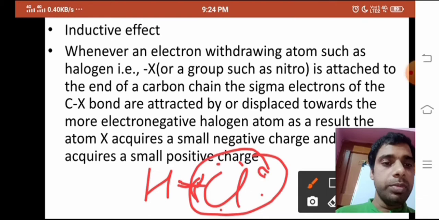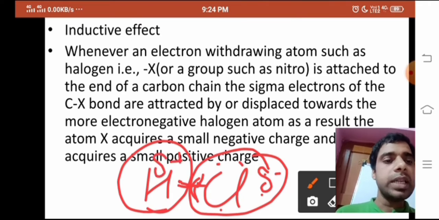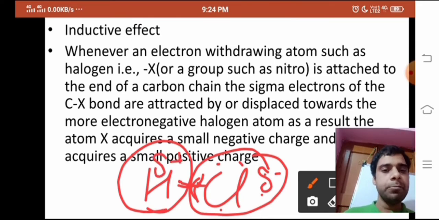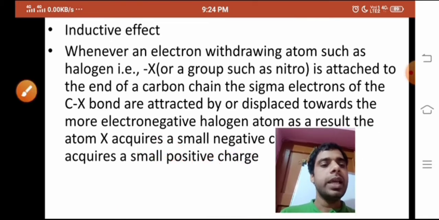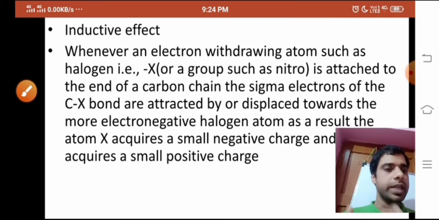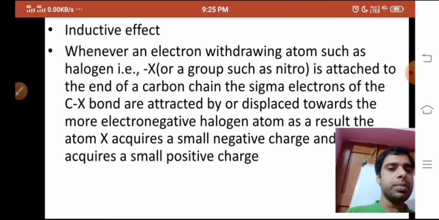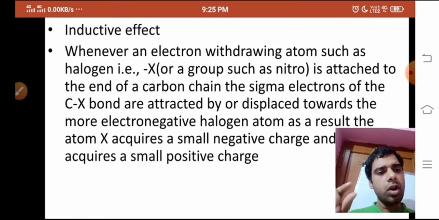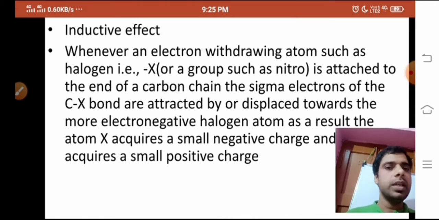So chlorine will become electronegative, but hydrogen will become electropositive, and for that electropositive we represent it by delta positive. Due to that, the electron is pulled by chlorine towards itself, creating a positive charge on the hydrogen, on the nearby element. So that effect is the inductive effect.